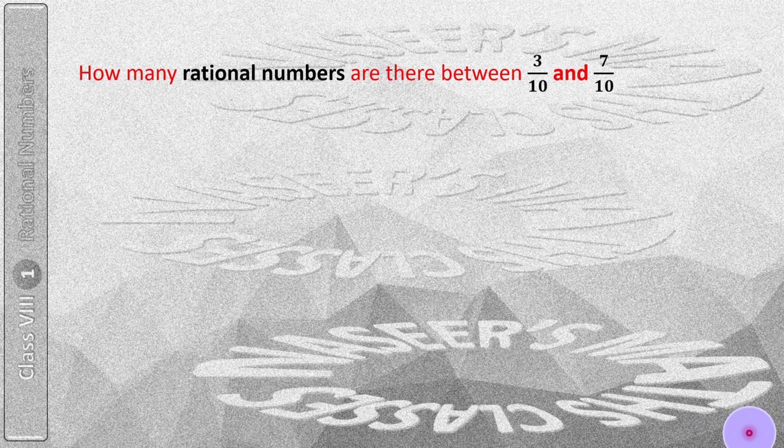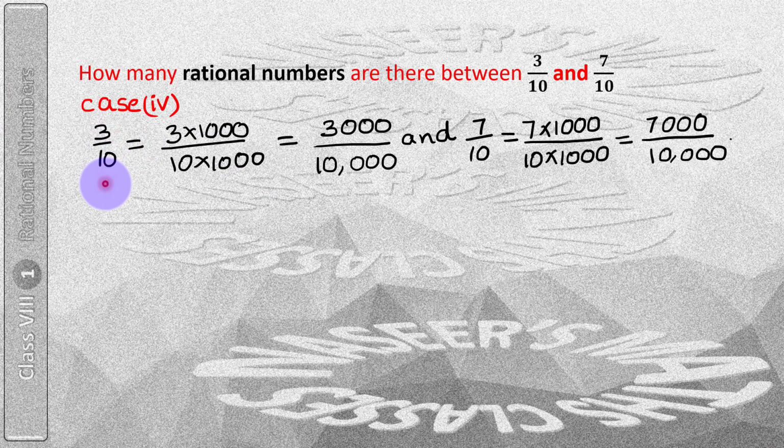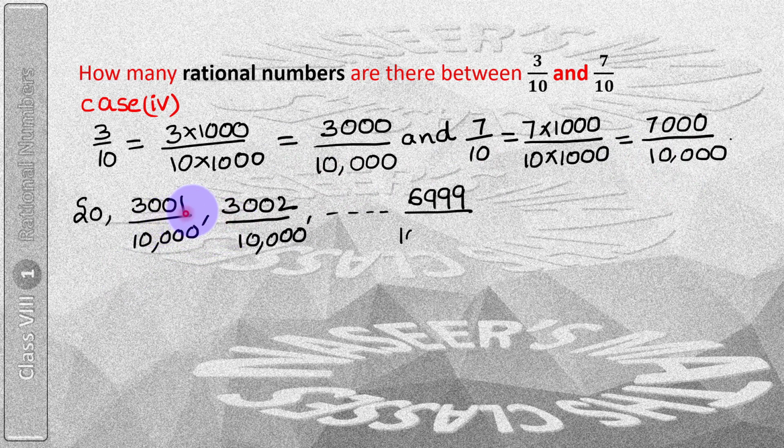Next, fourth possibility: if you write the equivalent of 3 by 10 as 3 into 1000 by 10 into 1000, which is equal to 3000 by 10,000, and the equivalent of 7 by 10 as 7 into 1000 by 10 into 1000, which is equal to 7000 by 10,000, then we can write 3001 by 10,000, 3002 by 10,000 and so on up to 6999 by 10,000.